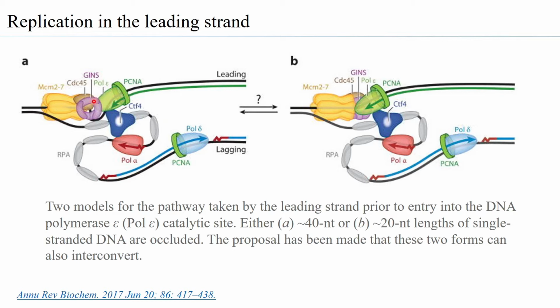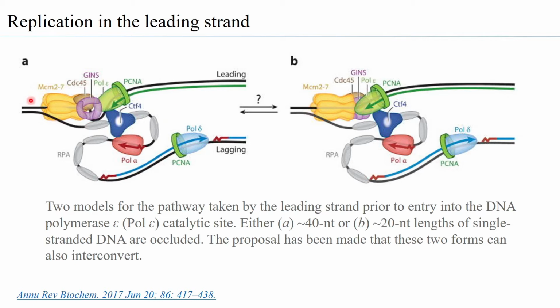So as the CMG complex keeps unwinding the DNA, there are approximately 40 nucleotides before the DNA that is associated with the pol epsilon, while there is another model that is suggesting, depending on the studies, that it is just about 20 nucleotides that precede.